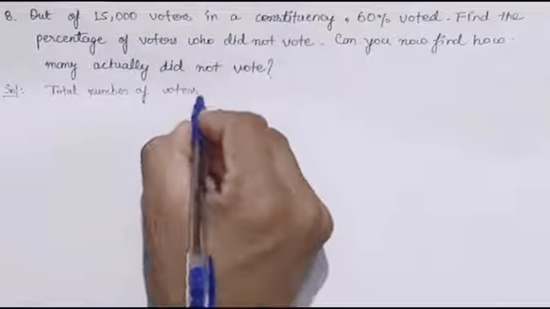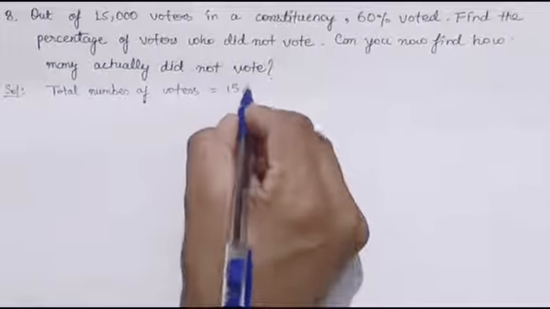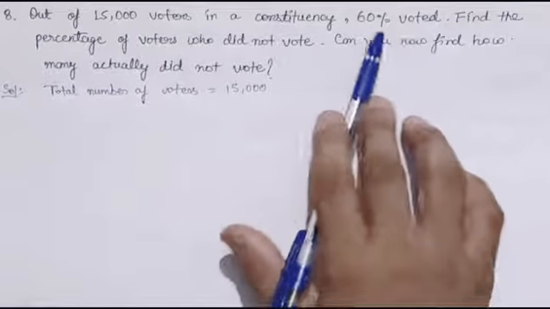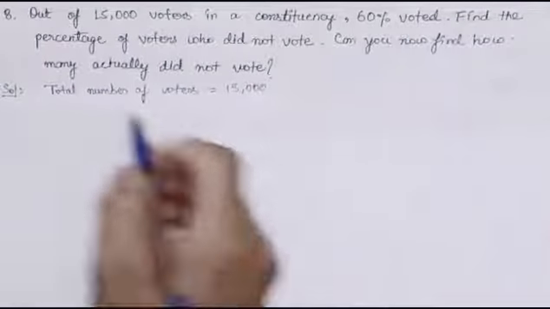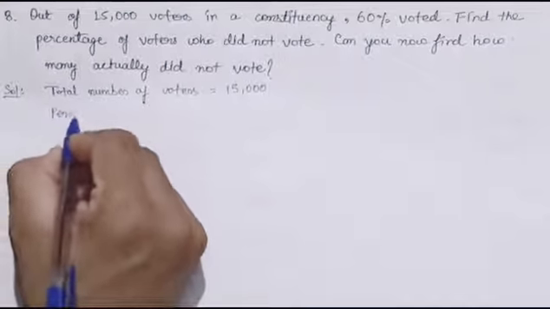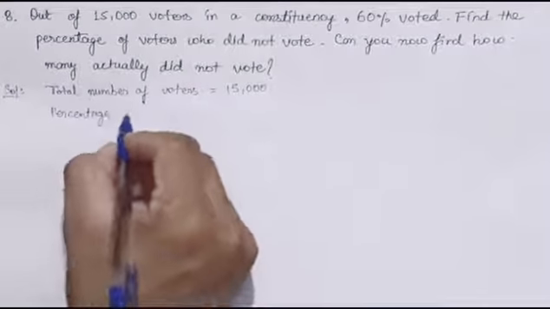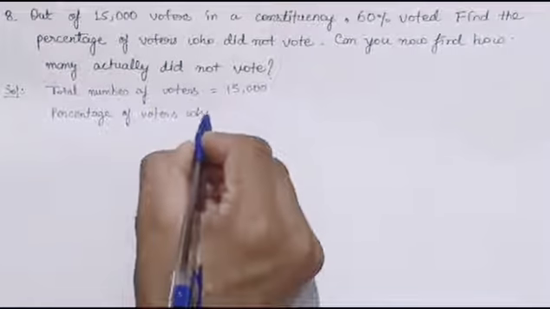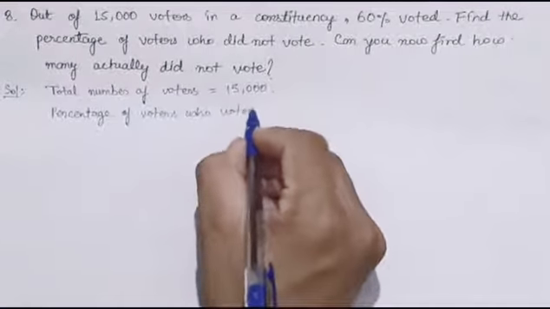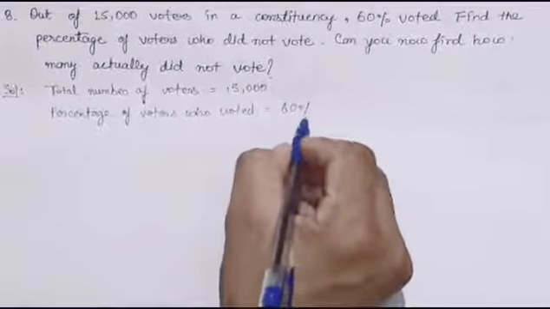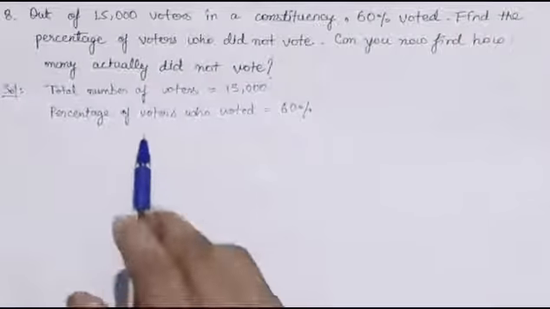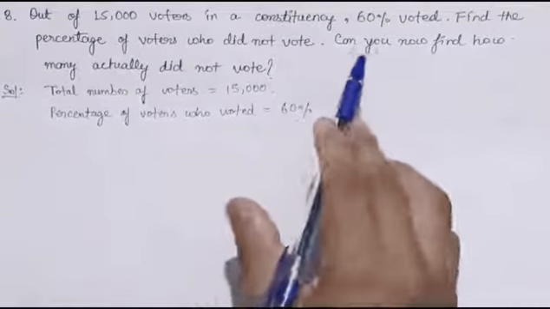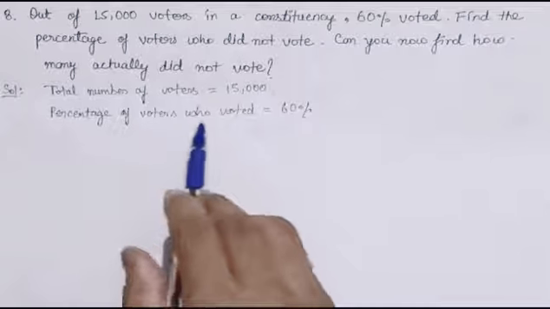Total number of voters is equal to 15,000. Also it is given in the question that 60% have voted. So percentage of voters who voted is equal to 60%. So percentage of voters who did not vote is equal to 100% minus percentage of voters who voted.